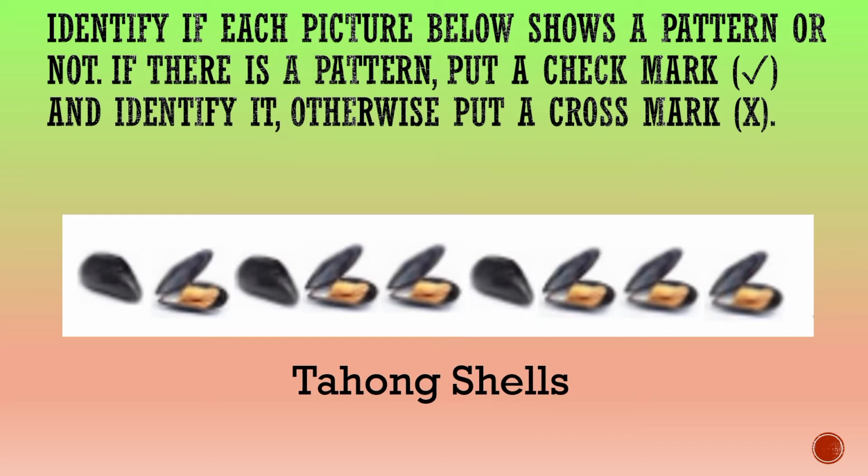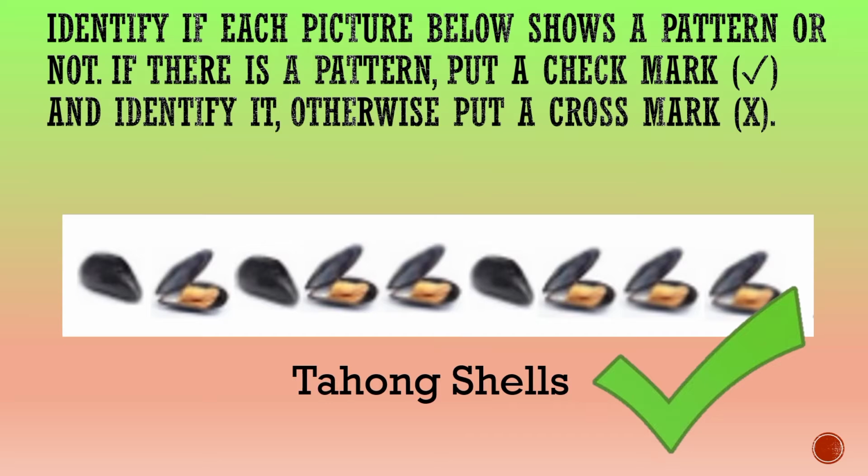How about the tahong shells? Do you see any pattern from the picture? I hope you put a check mark because there is also a pattern. One open tahong, then another close, then 2 open tahong shells, then another close, then 3 open tahong shells, and maybe the next one is a closed tahong shell.